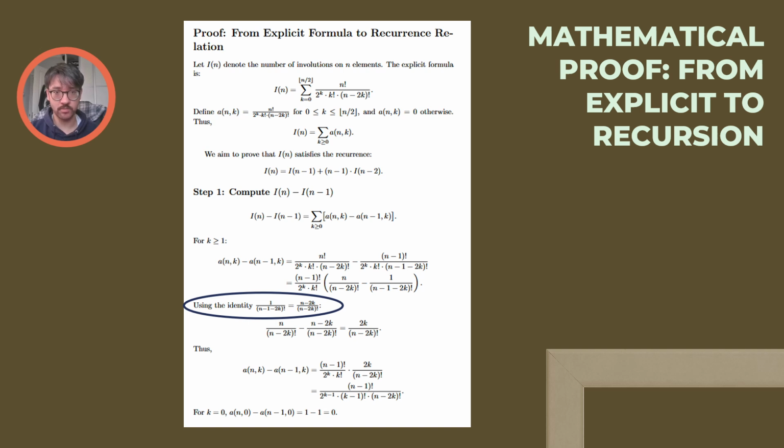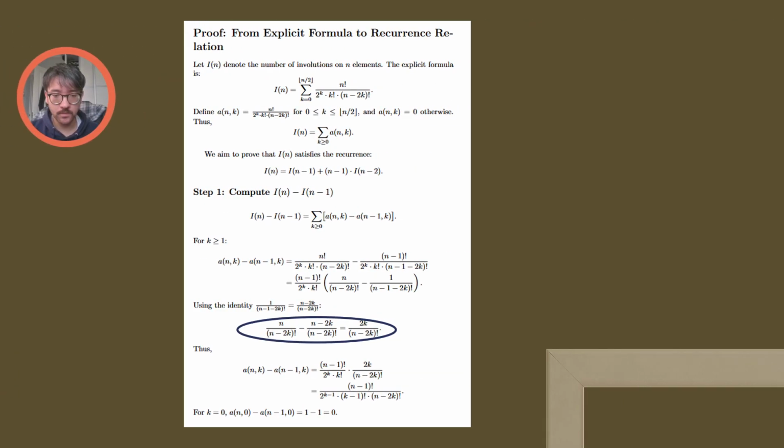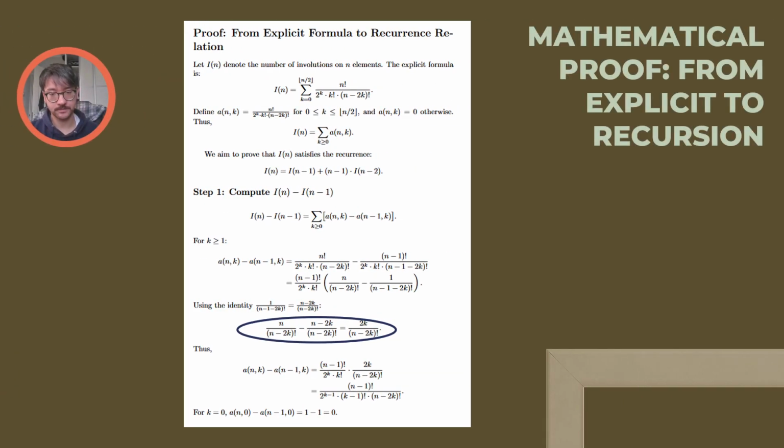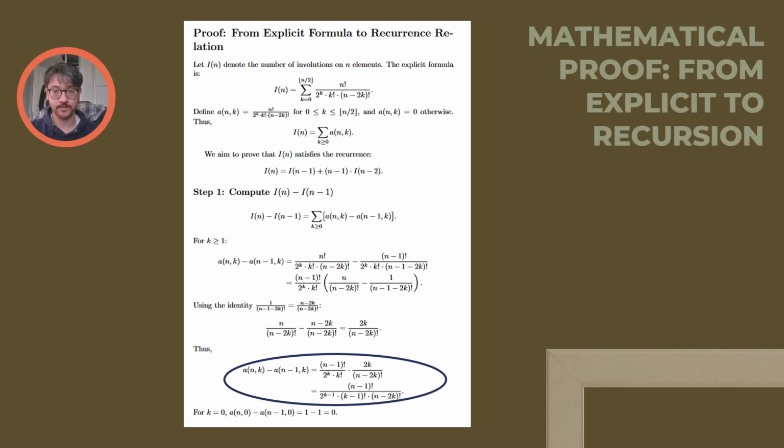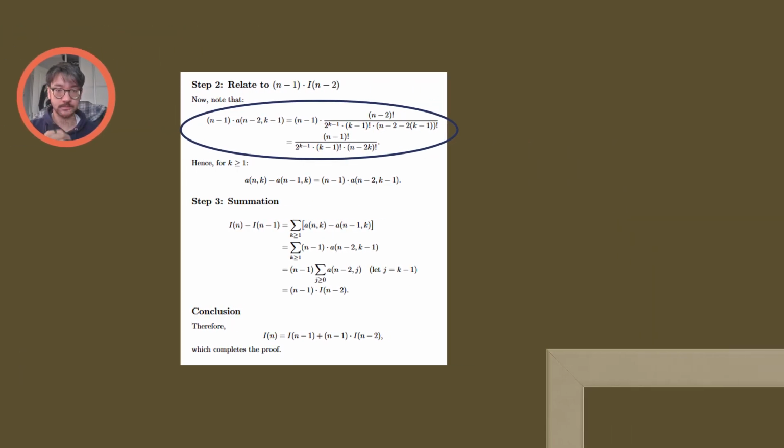Now, using the factorial property, we can simplify the brackets to the following. Using this, we end up reducing to the following expression. Now we can look at (n-1) times a term from I_{n-2}.